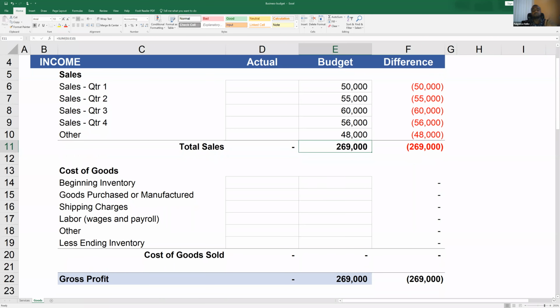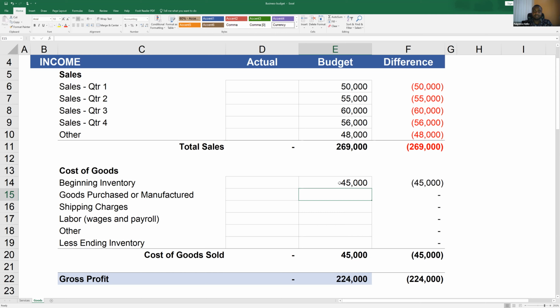So that one I want us to finish on the budget, then we look at the actual, because we are going to start with the budget. You budget everything, then you have to do the quarterly review on your budget. So the beginning inventory. So we are assuming that we are going to start our inventory with 45,000.